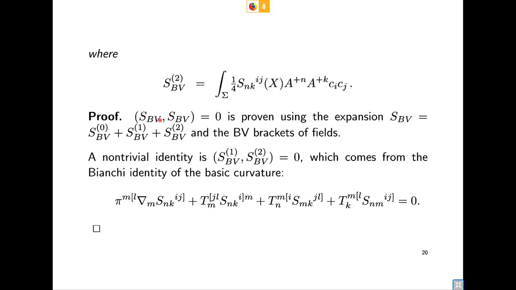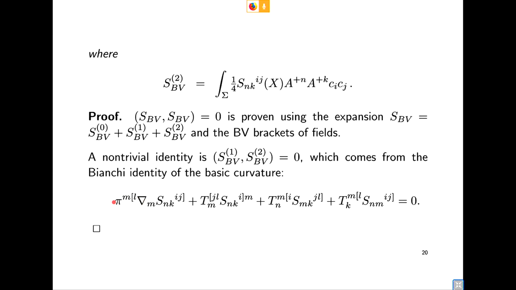Finally we can prove that this satisfies the classical master equation by using some identities of the Lie algebroid, the curvature, and the geometrical identity. For example, the bracket of S1 and S2 must be equal to 0. This is proved from the Bianchi identity of the basic curvature, like this.